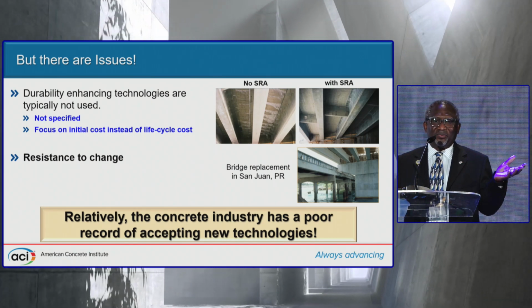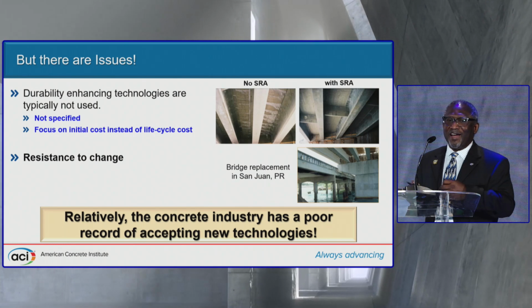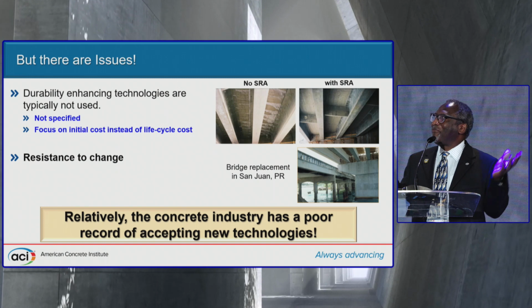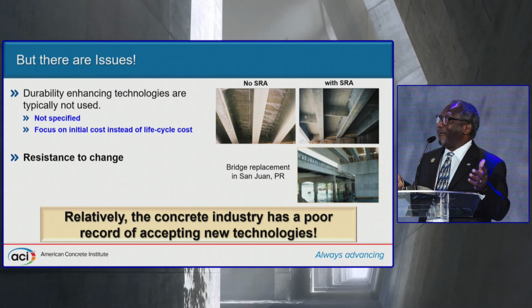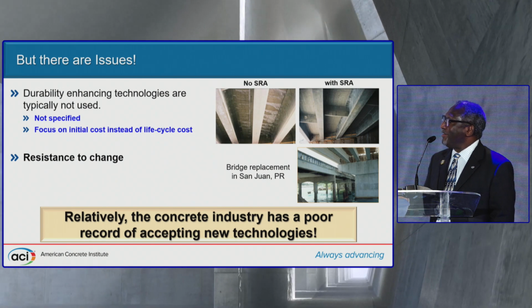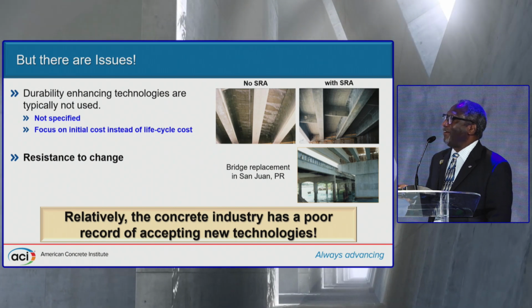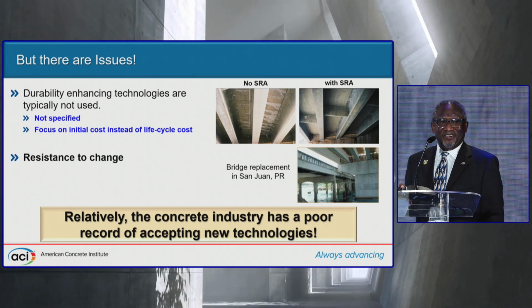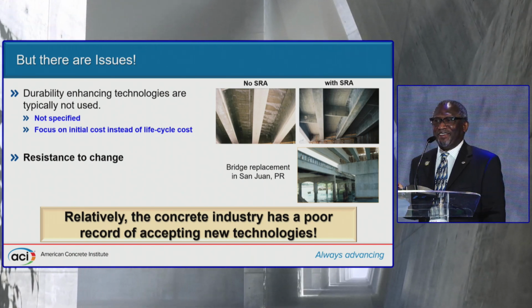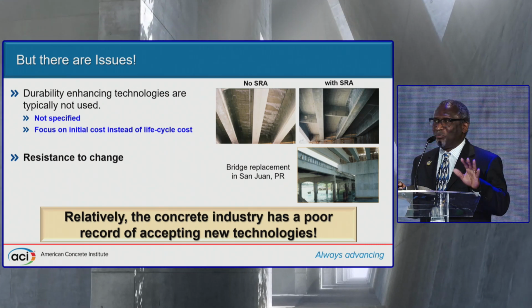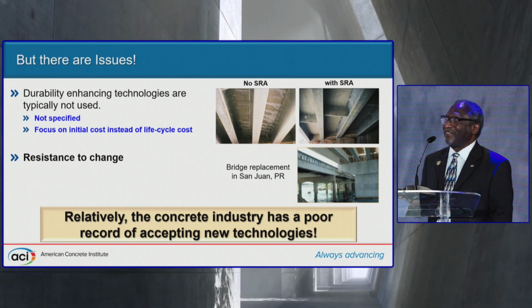We've always done it this way," especially when I talk to the departments of transportation, the engineers over there. It's very unfortunate, but the concrete industry has a poor record of accepting new technologies. There are new technologies out there, but the concrete industry is very conservative and has a poor record of accepting them.